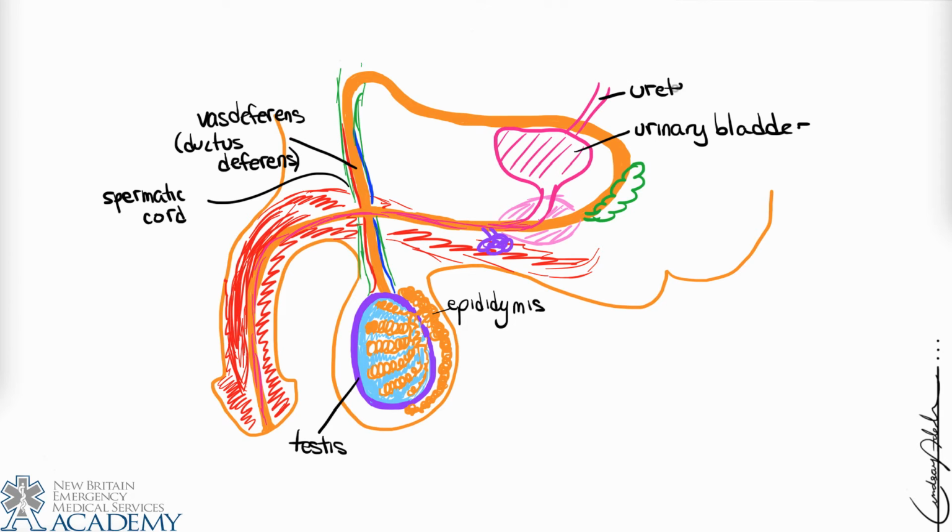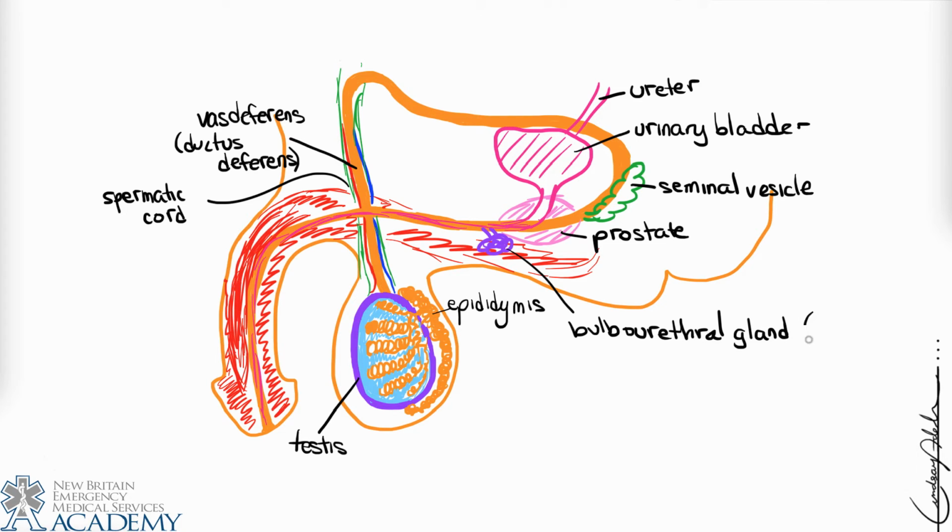We can also see the urinary bladder and the ureter that's going to deliver the urine to the urinary bladder. There are a couple of different types of vesicles or glands that will secrete things into the path of travel of the sperm so we can make semen. We have our seminal vesicles, and there are 2, one on each side.